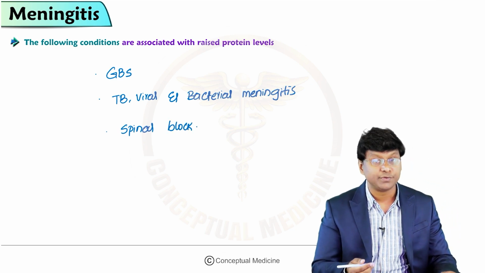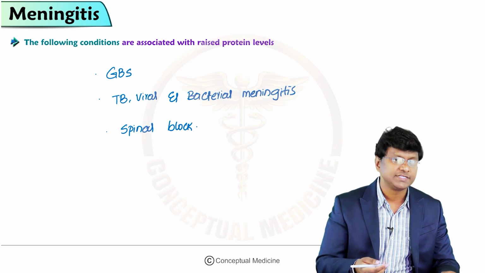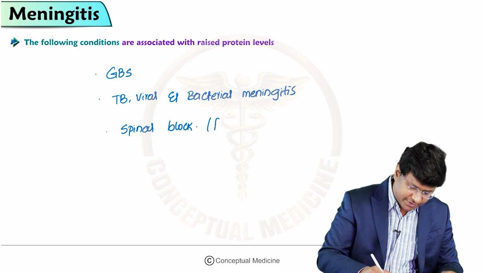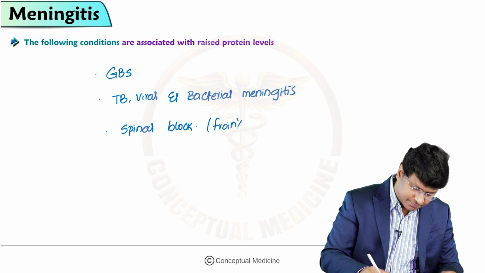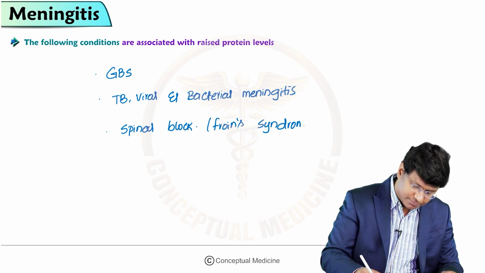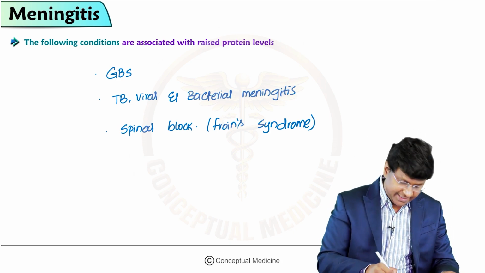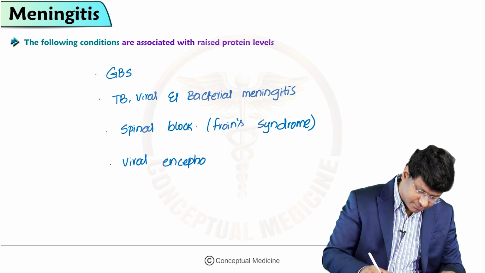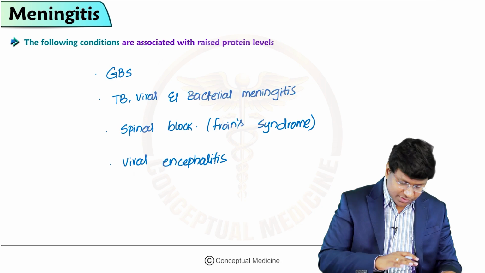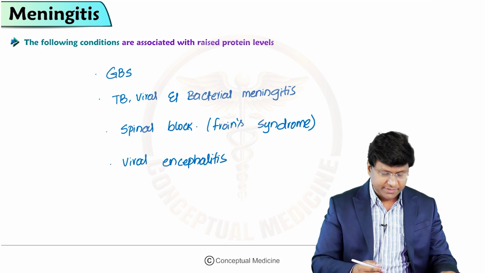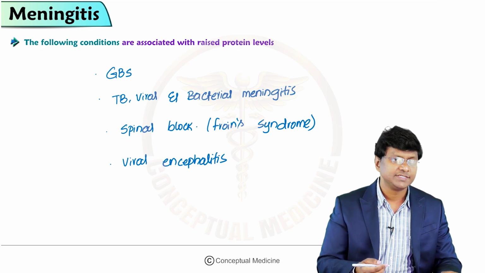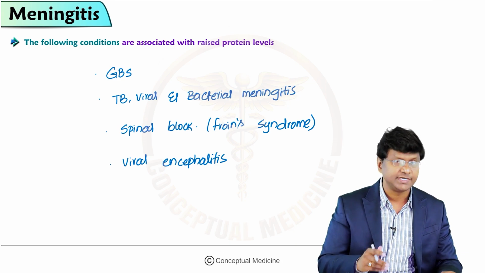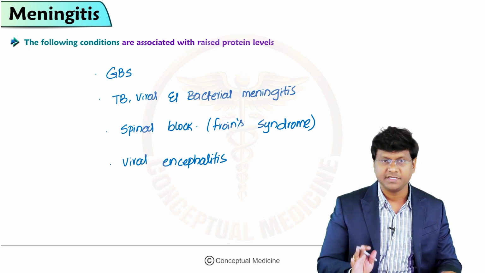You have raised proteins. Okay. Spinal block is nothing but your Froin syndrome. Okay. And in patients with viral encephalitis. So these are all the conditions where you have the raised proteins, and in fungal meningitis and viral meningitis, the proteins may be normal or they may be increased.